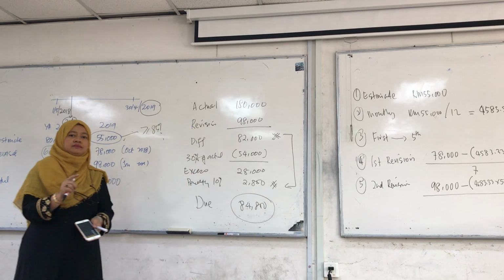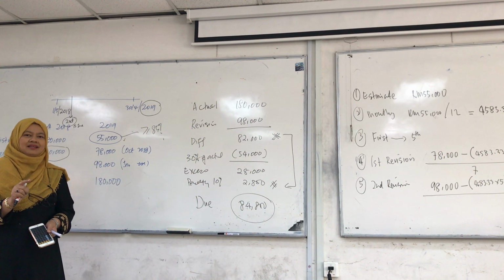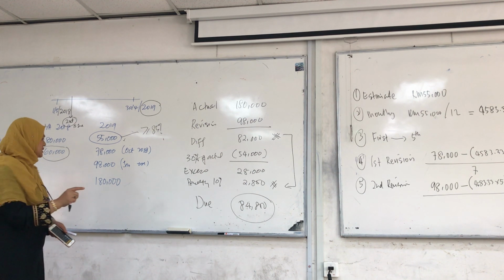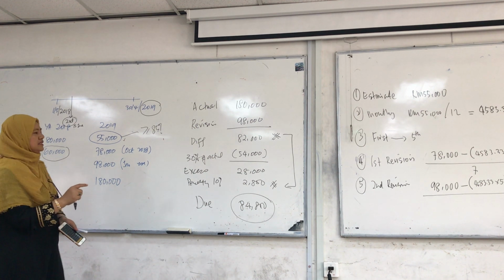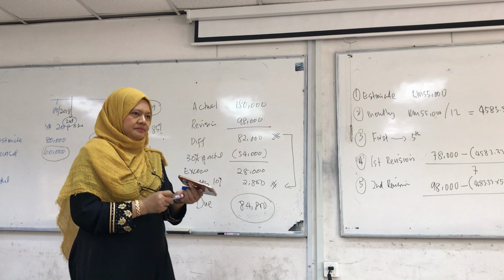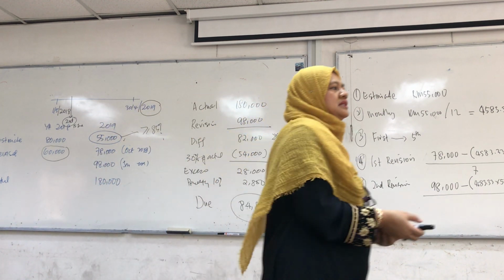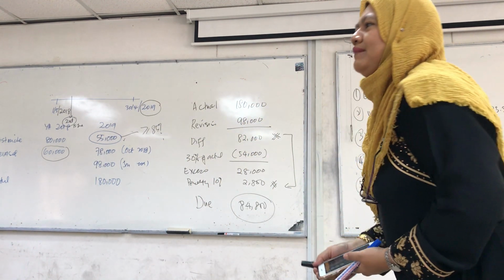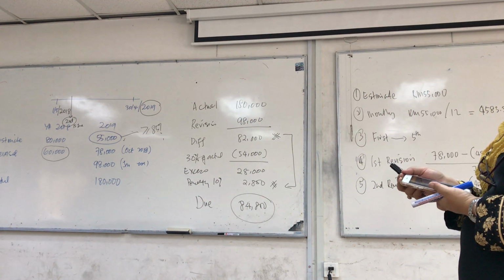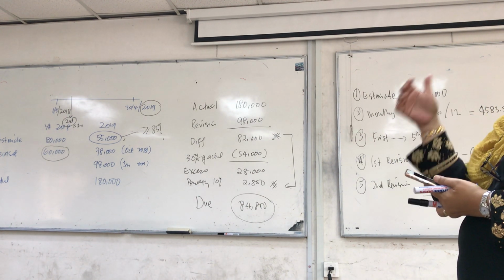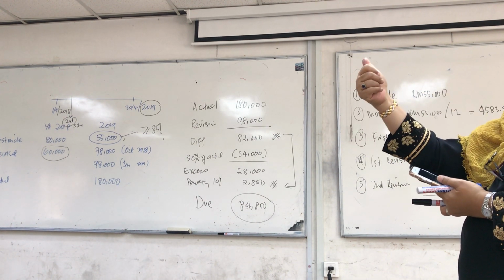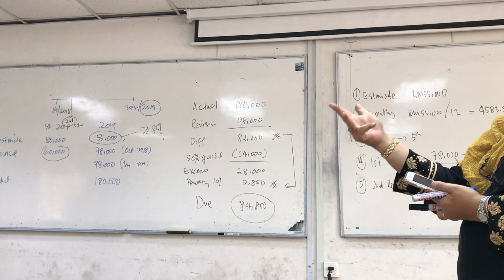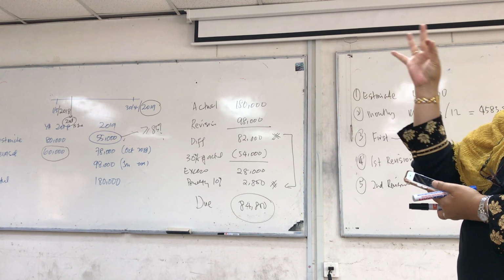When is it due? 7 months after you submit your Form C, which is 30th April. 30th April 2019. 7 months later is when? November. 30th April means May, June, July, August, September, October, November.